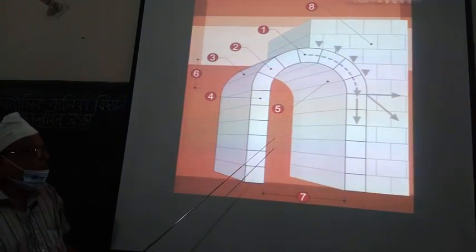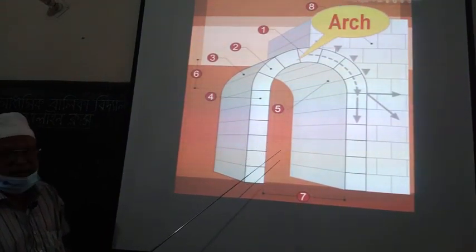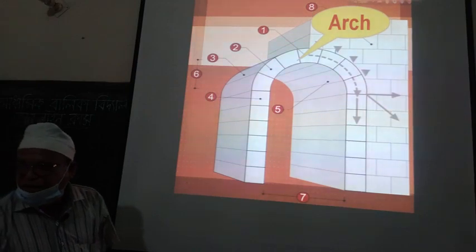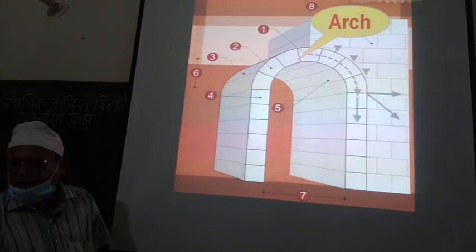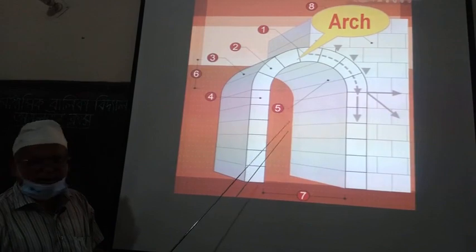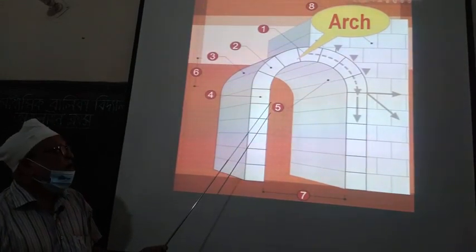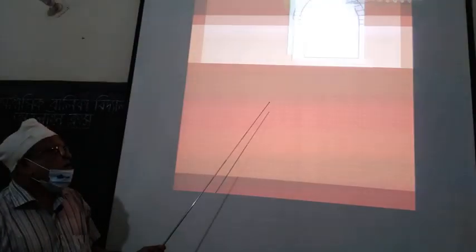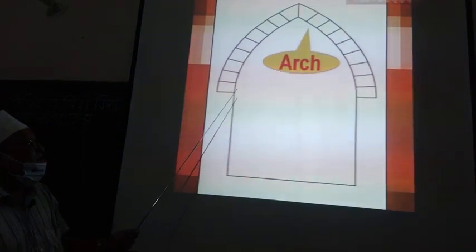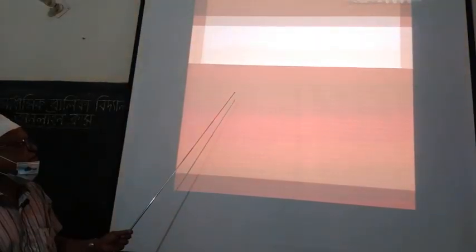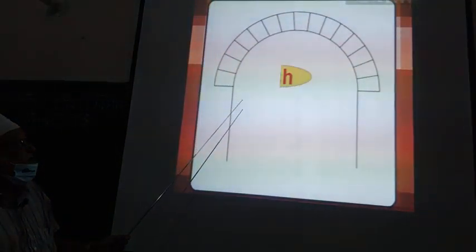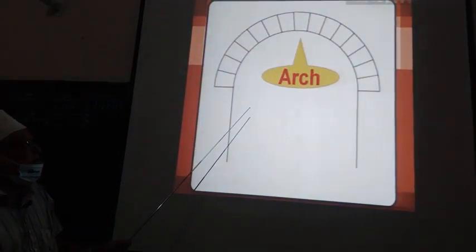And next, different designs and art of eyes. Second, arts. Third and the last, arts.